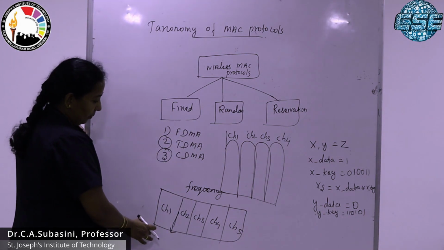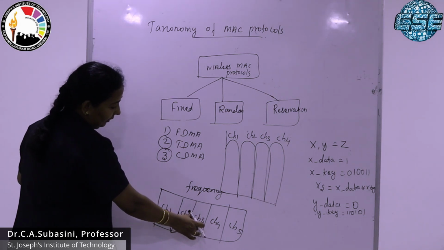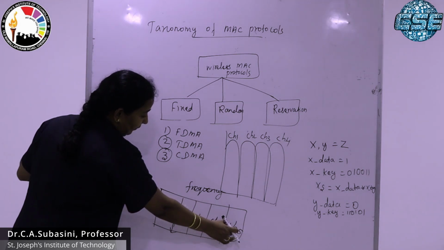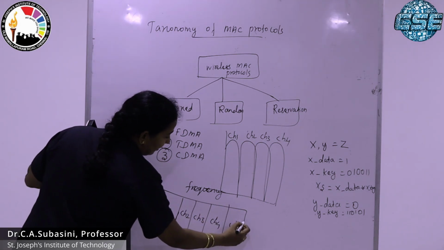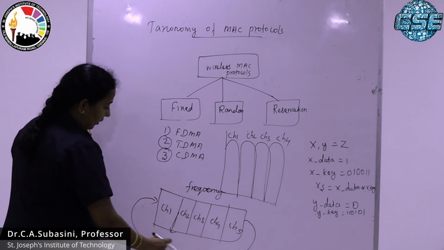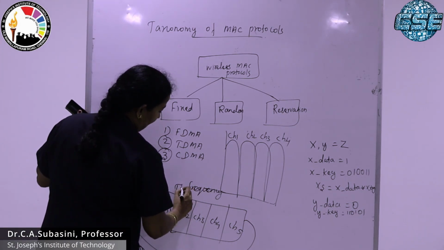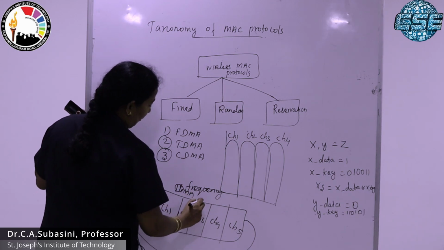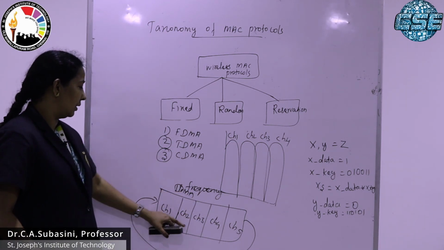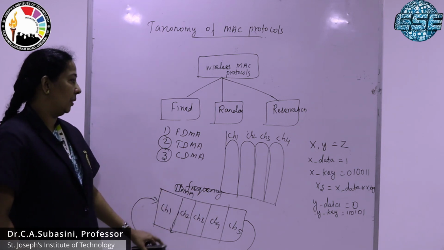After completing this, we go back using round robin technique, and the next will be channel 1 again. So this is time division multiple access, that is TDMA. In TDMA, a different time slot is assigned to each particular channel. So this is called time division multiple access.